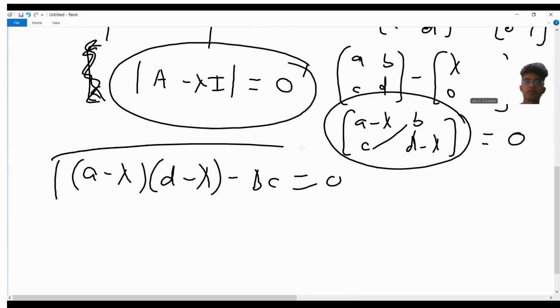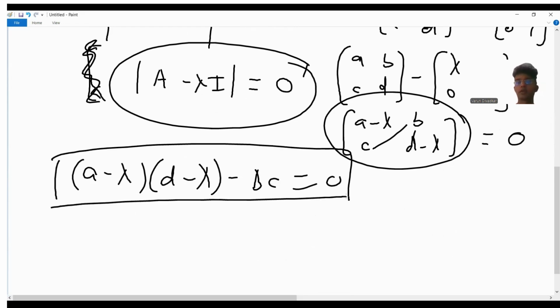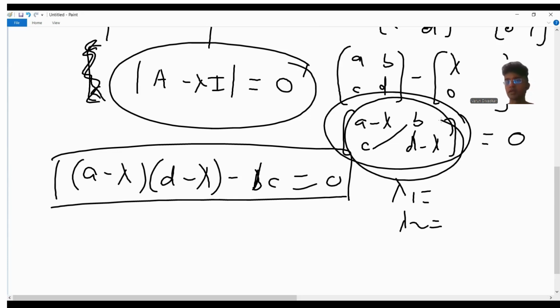When you solve this equation, you'll get two values of lambda because it's a quadratic equation. The first value, lambda 1, is the first eigenvalue, and lambda 2 is the second eigenvalue. Then you substitute these two values back into this equation, and we'll see how we do it. Let's take an example.